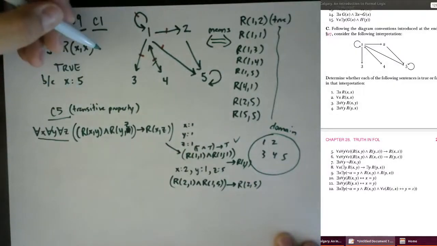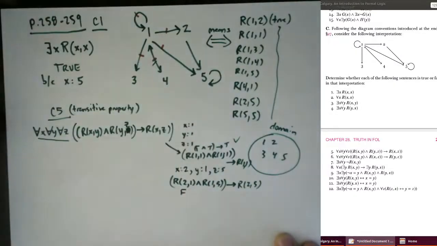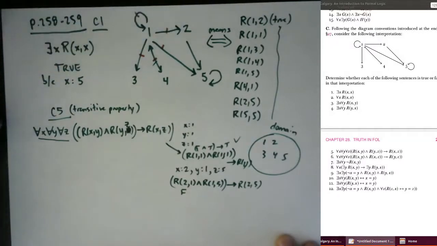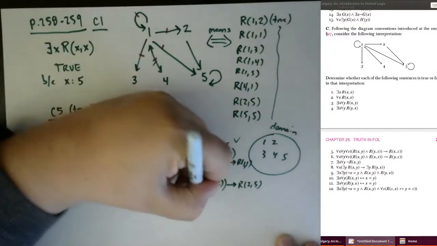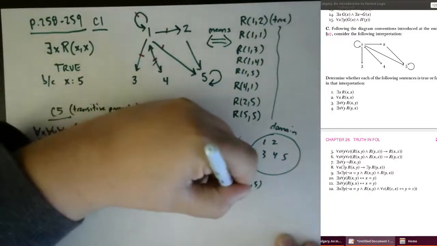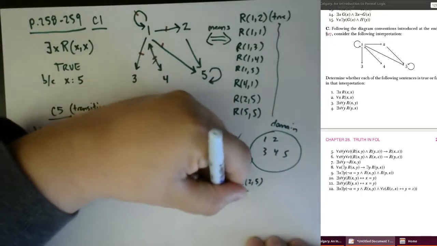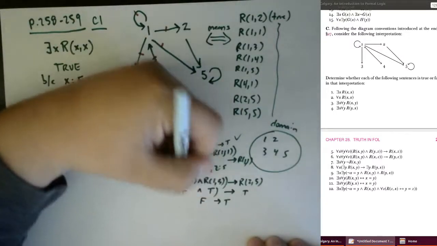Now, let's make sense of this. R2,1 is false, right? There is no arrow from 2 to 1. R1,5 is true. And R2,5 is true. So what is this? This is false implies true. But false implies true is always true.